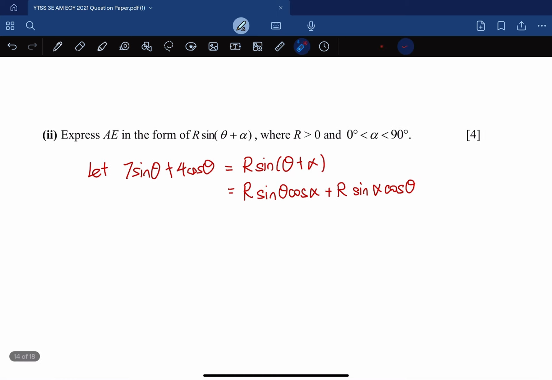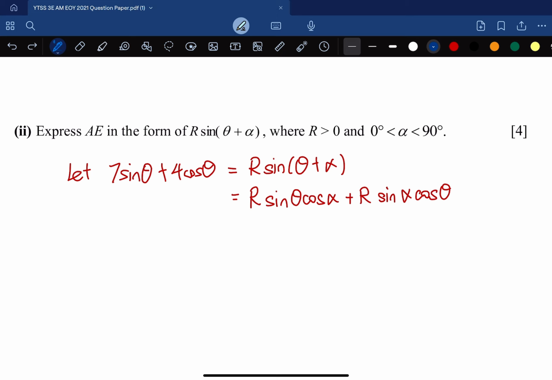Please note that all these workings are needed to score the full marks. So let's start by comparing the first term, 7 sine theta and R sine theta cosine alpha. By comparison, we can see that 7 equals R sine alpha. I can call this equation 1. Next one, 4 cosine theta compared to this term over here.